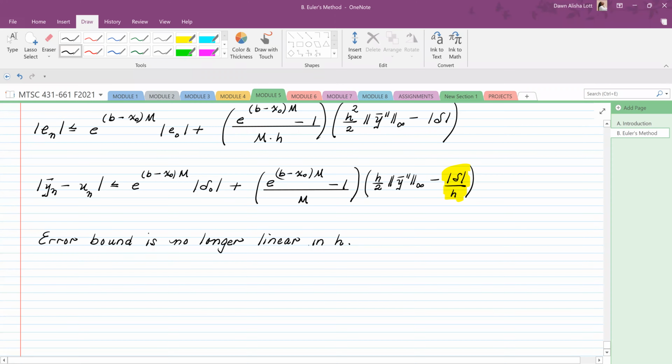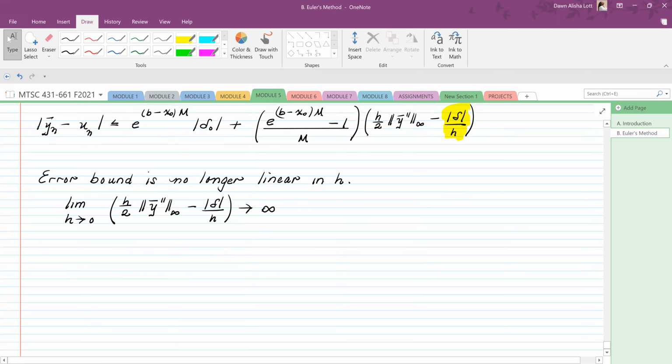In fact, the limit as h goes to 0 of that last term, h over 2 the infinity norm of y bar, minus the absolute value of delta over h, goes to infinity. So therefore, we clearly need a lower bound for the step size h.